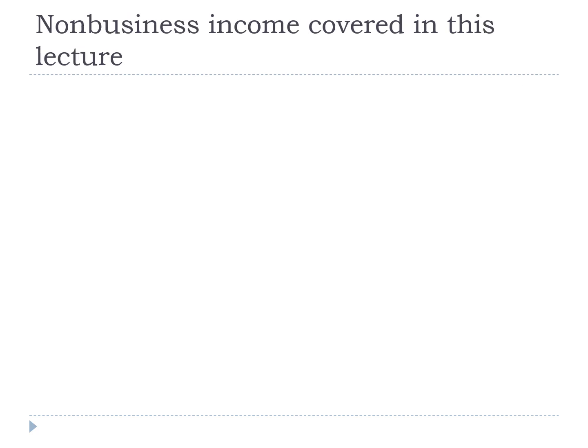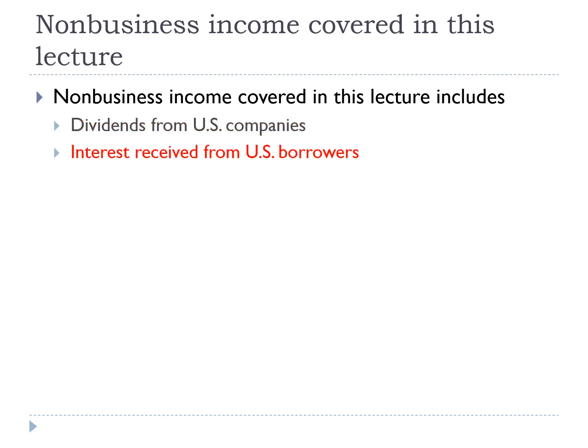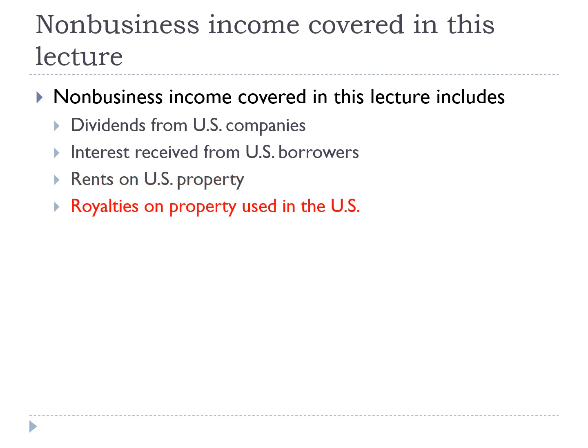Let us turn to the non-business income that will be covered in this lecture. Non-business income that is taxable in the United States and which we will cover in this lecture includes the following: dividends from U.S. companies, interest from borrowers in the United States, rents on property located in the United States, royalties on property used in the United States, U.S. source capital gains.